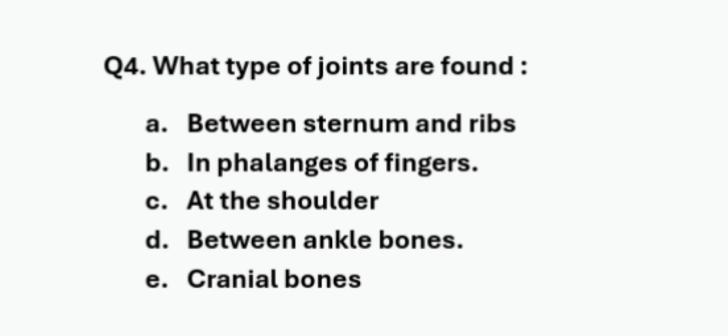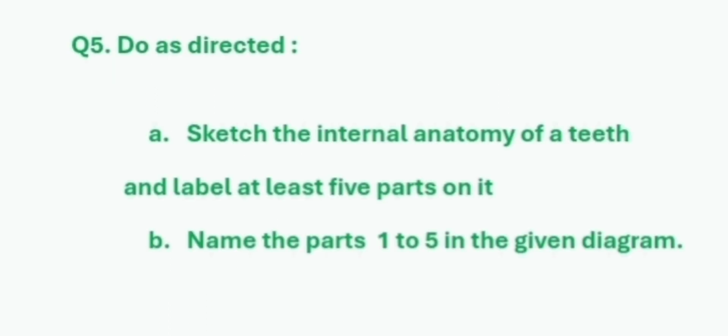Similarly, the second is for the joint present between the phalanges of the fingers. Then it is the joint that is present at the shoulder, that means between the scapula and the humerus. So next you have between the ankle bones, and finally the last one.